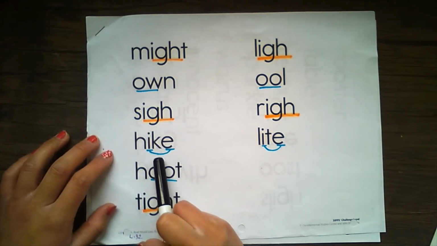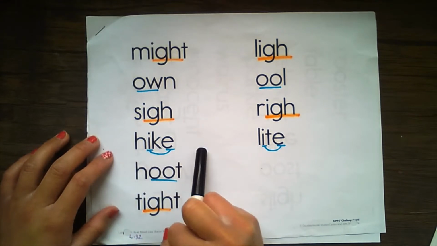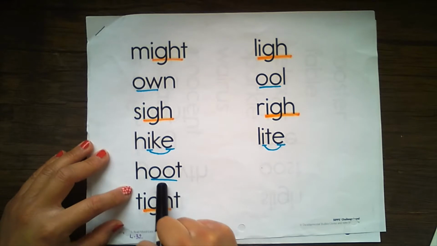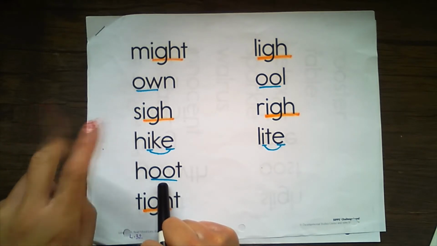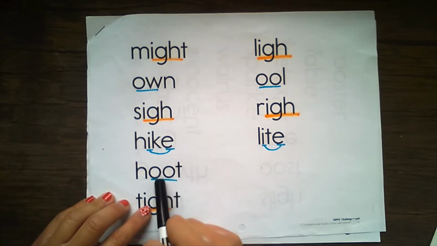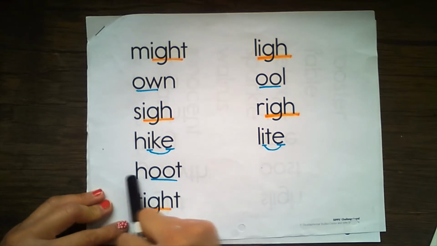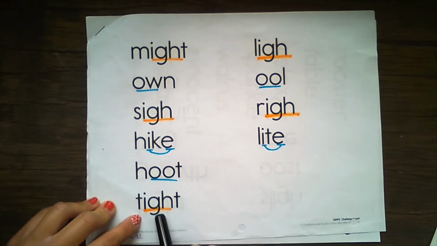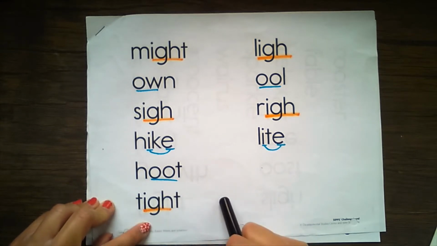Underline sound, I. Think, read, hike. Underline sound, remember the O-O spelling sound has two ways. It can be oo or oo. This is going to be the sound oo. Think, read, hoot. Underline sound, I. Think, read, tight.